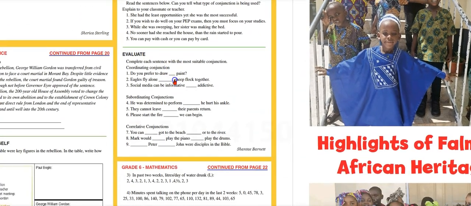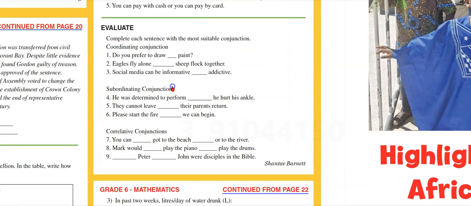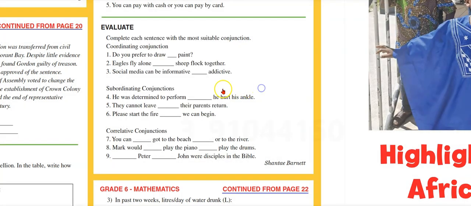Let's look at the last piece here, evaluate. It says, complete each sentence with the most suitable conjunction. Coordinating conjunctions now. Do you prefer to draw, paint? Eagles fly alone. Sheep flock together. Social media can be informative, addictive.